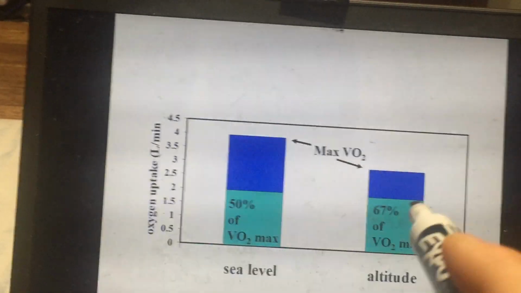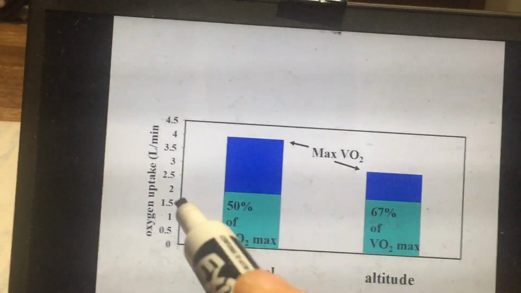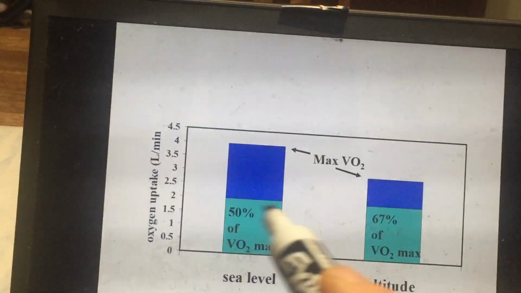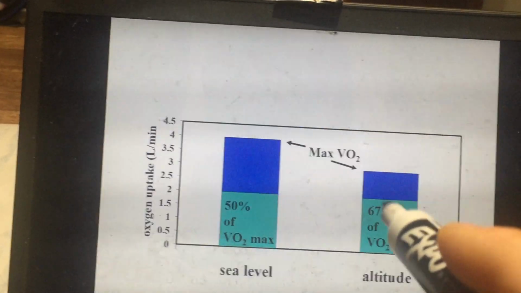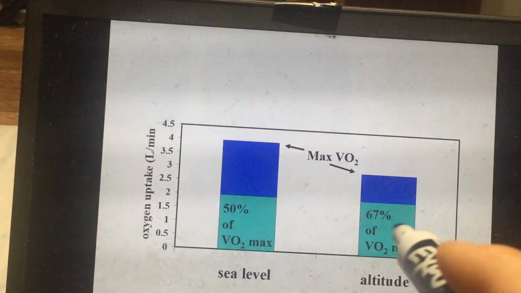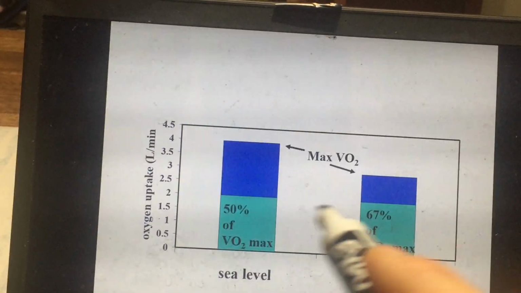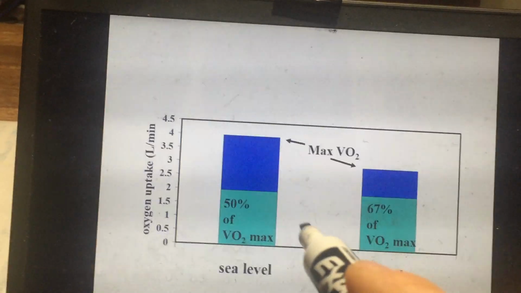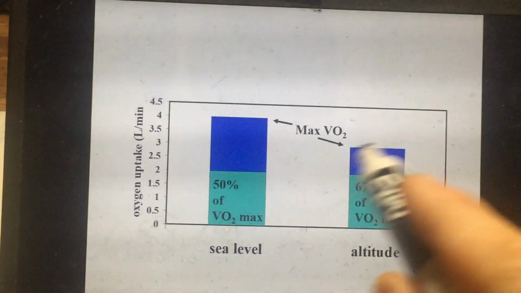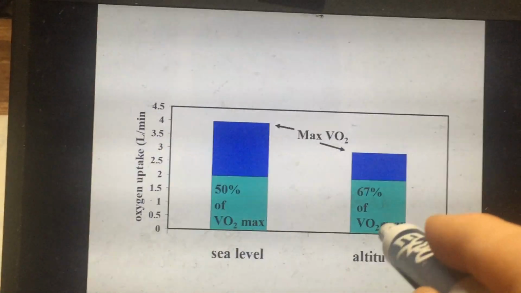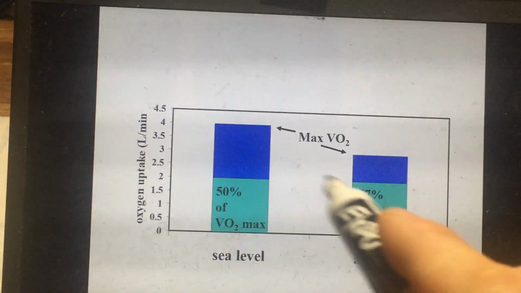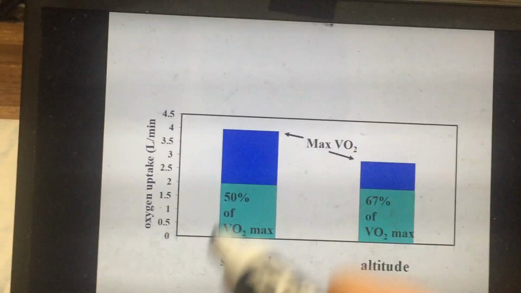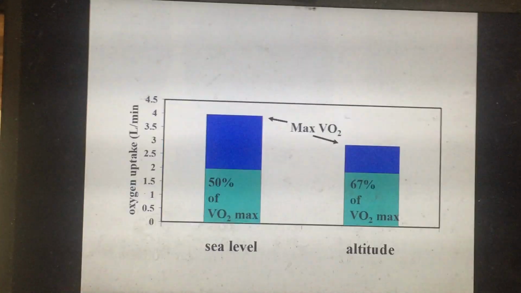So despite the fact that you're working at the same absolute oxygen uptake, your oxygen uptake relative to your VO2 max is a lot higher at altitude. In this case, it's 67% versus 50% at sea level. So it actually feels like you're working harder at altitude, despite the fact that your absolute VO2 is the same.